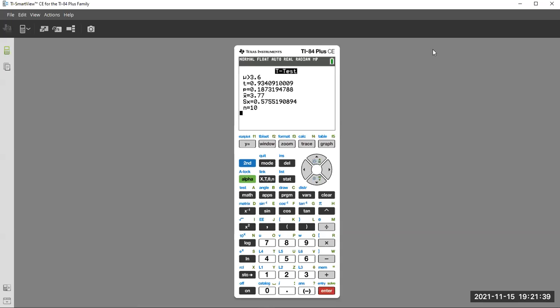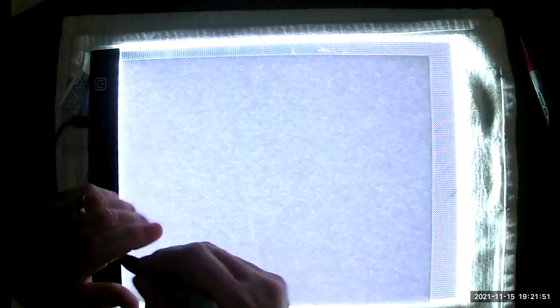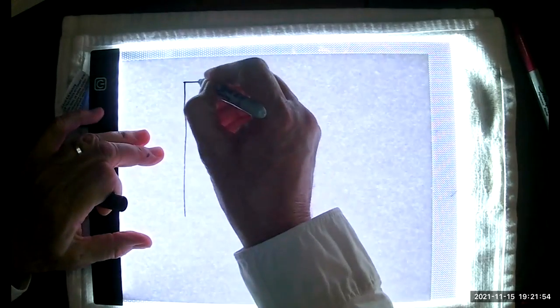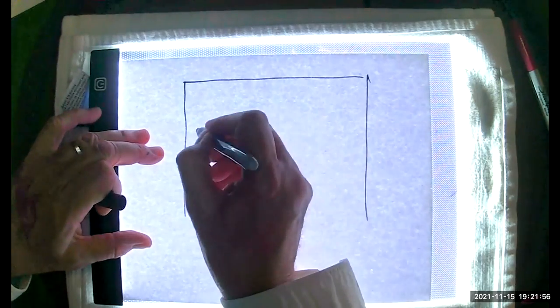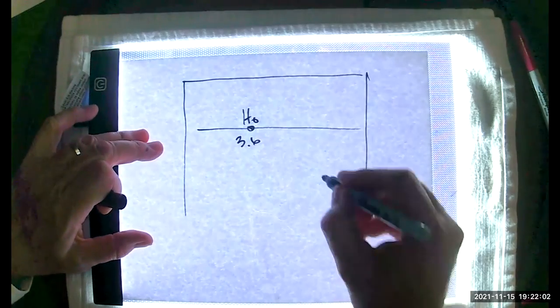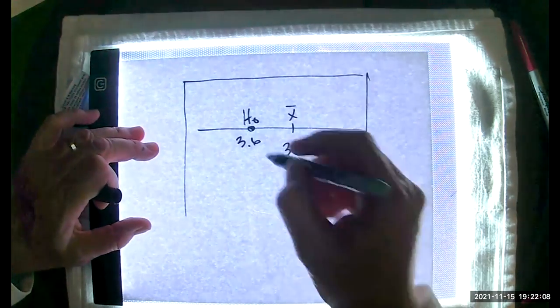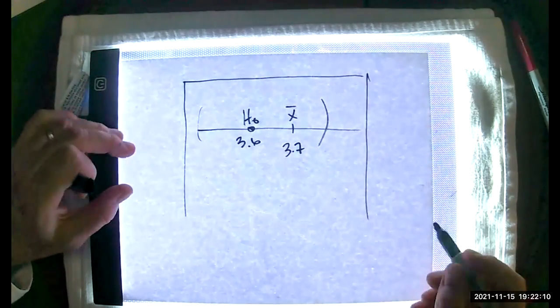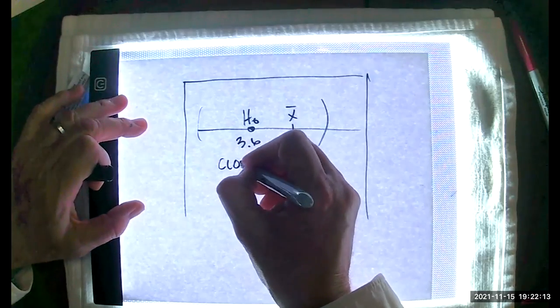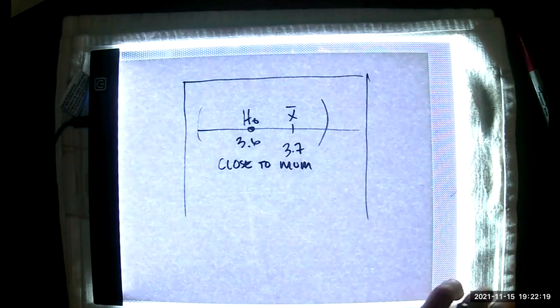So let me show you what's happened here. If I go back to that analogy that I was developing quite a while ago about the barnyard. So what has happened here, out here at 3.7 is my mean. The thing is, that's still within the close to mom area that I was mentioning.